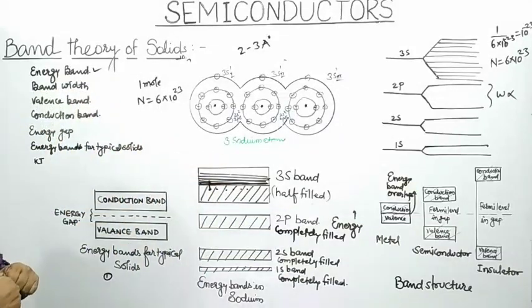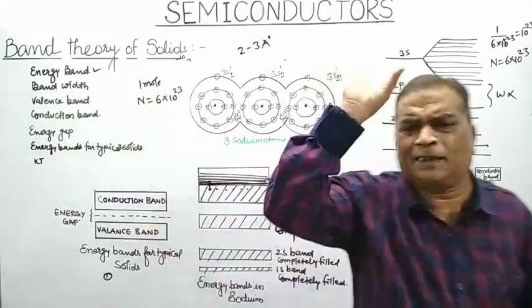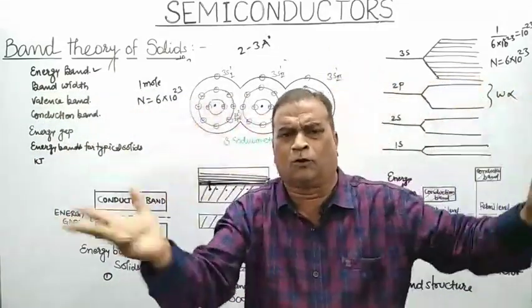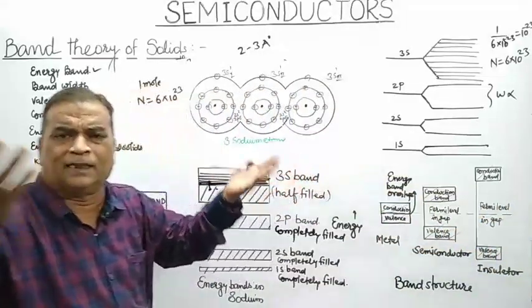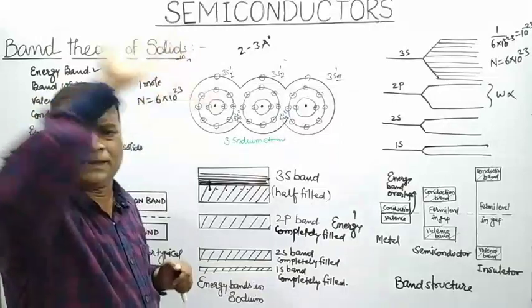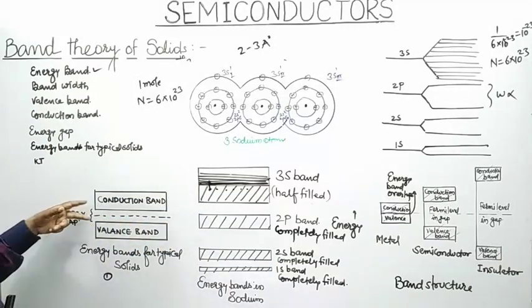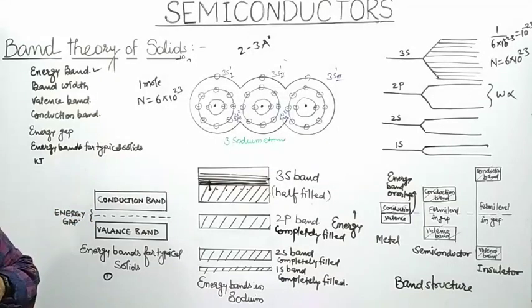Now remember, we have a solid, and we don't know whether that solid is a metal, insulator or semiconductor. We are only given that there is a solid. So look at this figure. For any typical solid, we can draw one conduction band and one valence band, and they are separated by a certain gap.